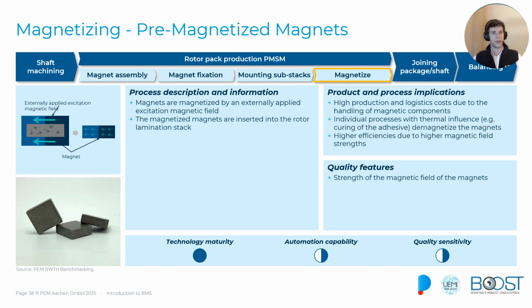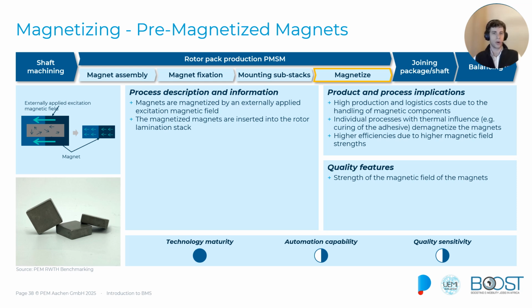There are several times when we can magnetize the magnets in the production process. The first would be before assembling them into the rotor stack, so before we start with the magnet fixation. The process starts by placing the magnets in a specialized magnetizing fixture or machine.